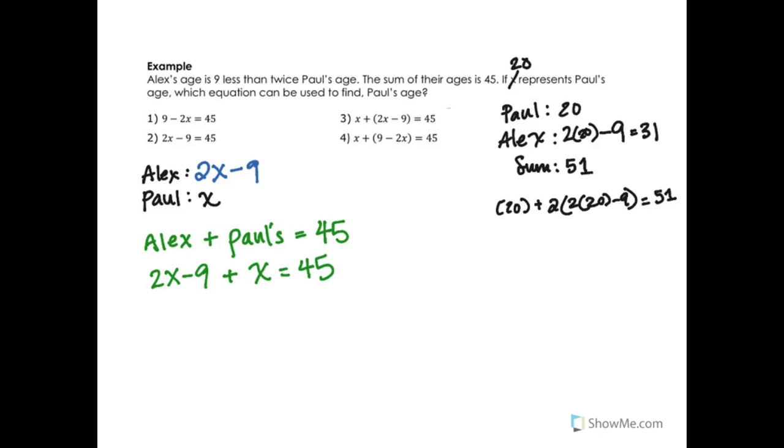Or you can give the variable a value, see how it would work in the sense of the problem, and check which equation would give you the same thing as well. So in this case, when I chose 20, it gave me a total of 51, and when I plugged in 20 into the equation that I already knew was correct, it gave me 51 as well. If I were to plug it into the other three, it would have given me something completely different.